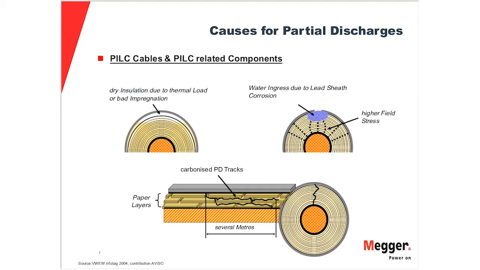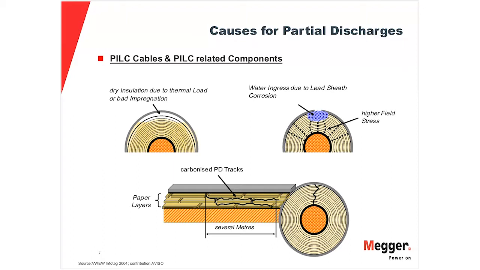termination and joint. So you see here on the upper left hand side, if you have a dry spot, where the oil is not nicely distributed throughout the whole insulation, this dry spot would clearly be seen as an elevated point for partial discharge, because the oil is here to insulate, and if the oil is not there, that would lead to higher amount or higher reading of partial discharge.